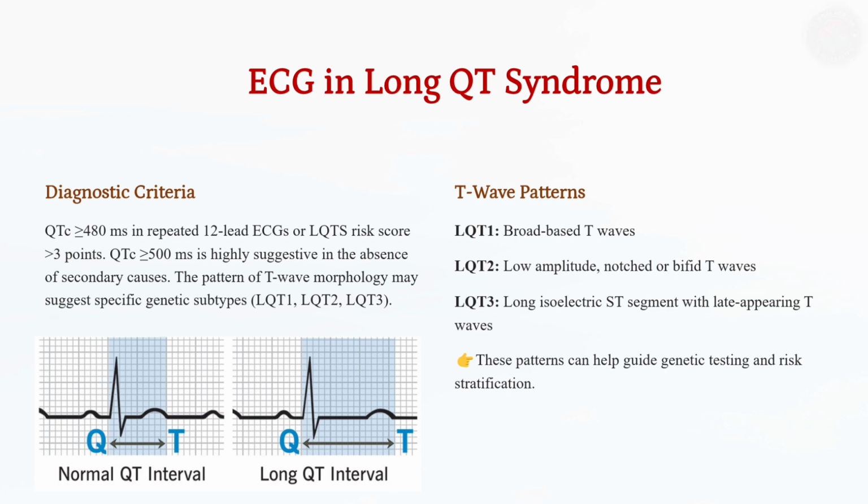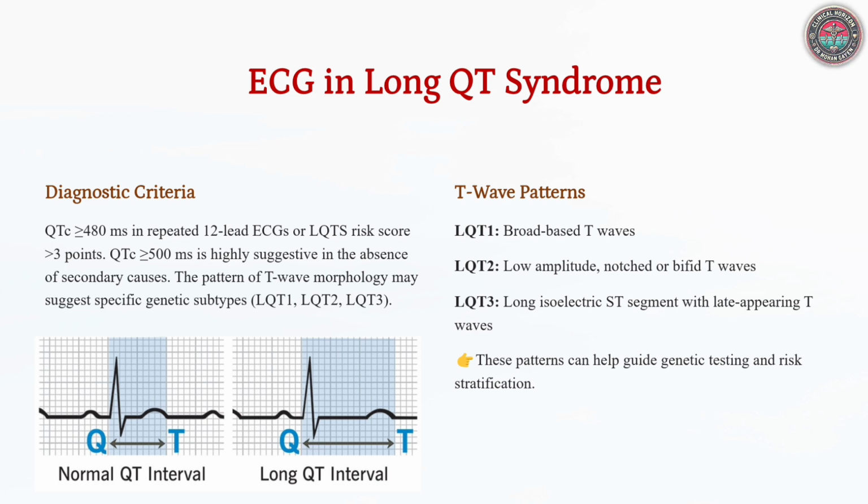LQT1, broad-based T-waves, often exacerbated by exercise. LQT2, notched or biphasic T-waves triggered by emotional stress. LQT3, late-appearing T-waves associated with bradycardia-related events. Recognition of LQTS is critical, as treatment includes beta blockers, ICD placement, and avoidance of QT prolonging medications.